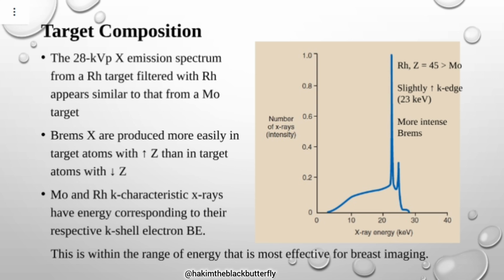Okay, then again, we have another graph on the right. The 28 kVp X-ray emission spectrum from a rhodium target filtered with rhodium appears similar to that of the molybdenum target. Yes, it appears similar, but there is a difference if you look at them.